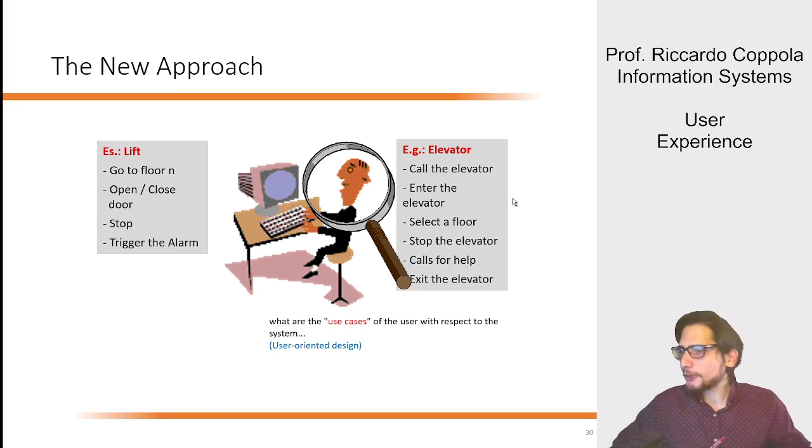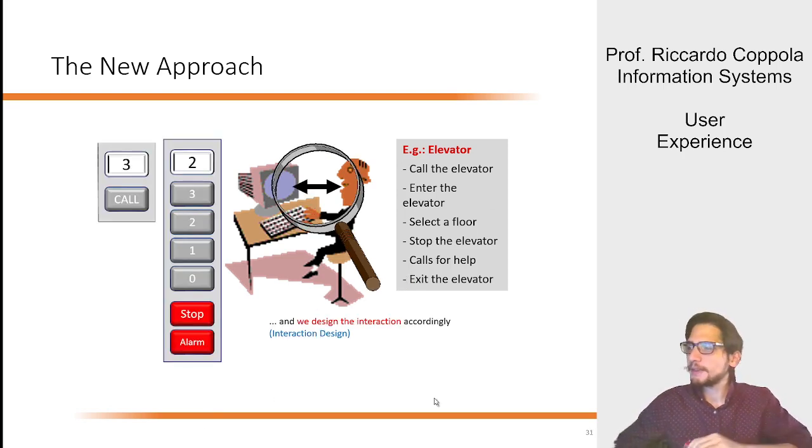So starting from the use cases, we can immediately design a user interface. We need to call the elevator, so we will have a button to call the elevator. We need to enter the elevator, okay, we don't need a button to enter the elevator, we just have the doors that open. We need to select a floor, so we will have buttons to select a floor.